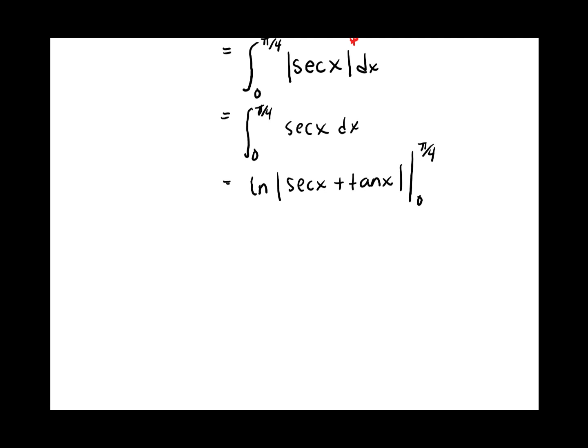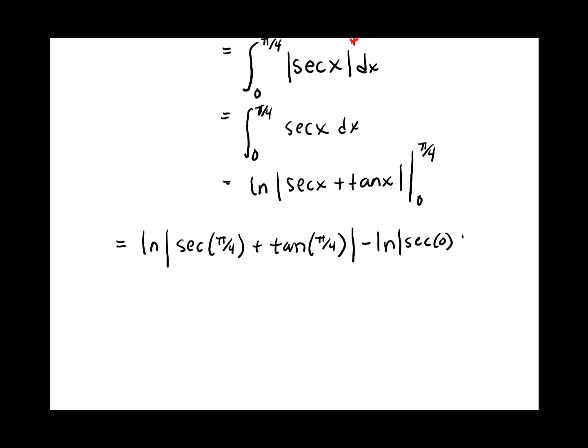And finishing this out, I'm going to come over here just so I have a little more space. So that's the natural log of the absolute value of the secant of pi over 4 plus the tangent of pi over 4, minus the natural log of the absolute value of the secant of 0 plus the tangent of 0.